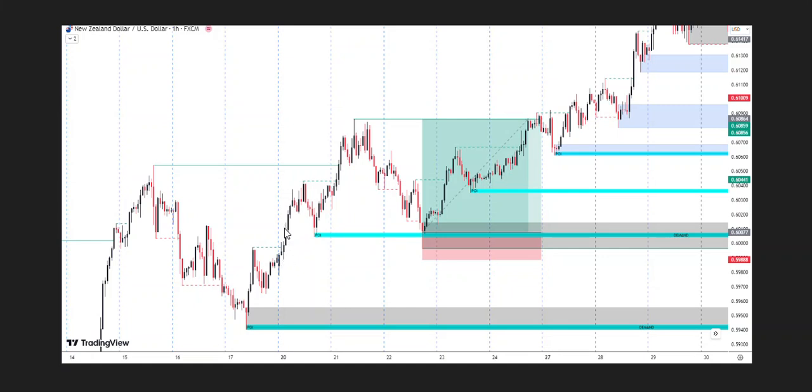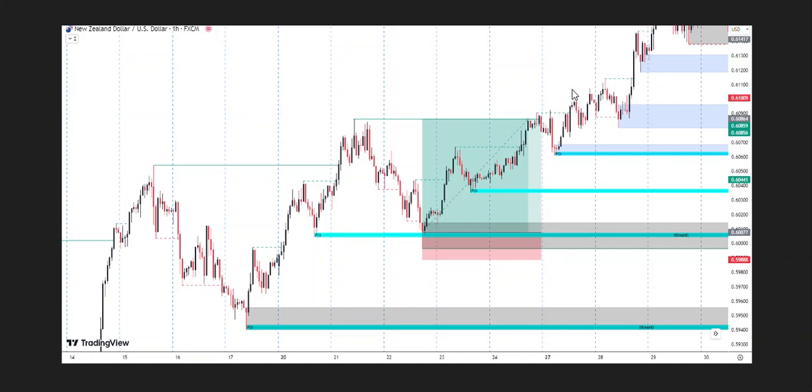Looking at here, this is a fair value gap, so there's a possibility that price may enter here, and instead of using here as a stop loss, I decided to push it to this pin, and that was it.